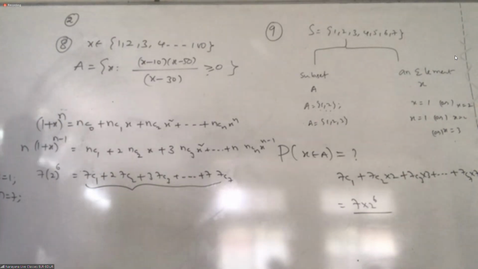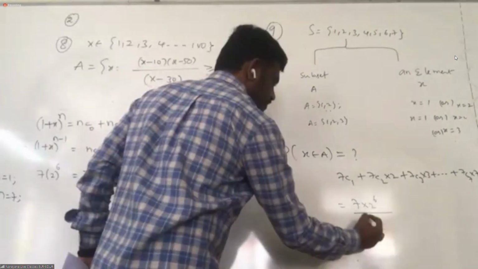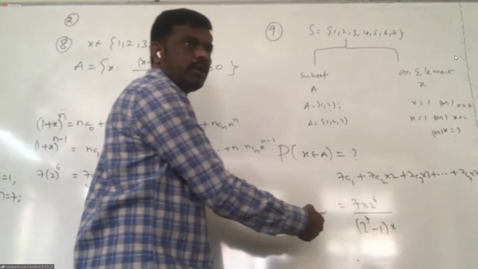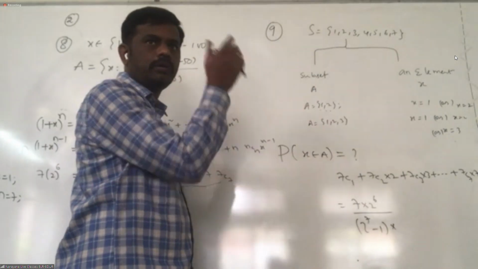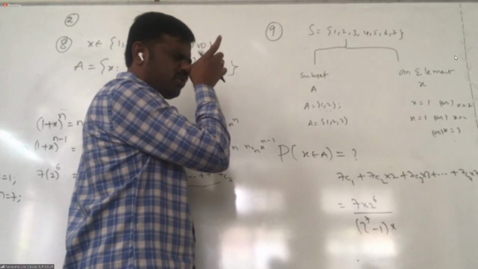Subsets is 2 power 7 minus 1 per element. Into 7. The total number of subsets is 2 power 7 minus 1. This is only to select the subsets with one element, then the element also we have, 1, 2, 3 up to 7.